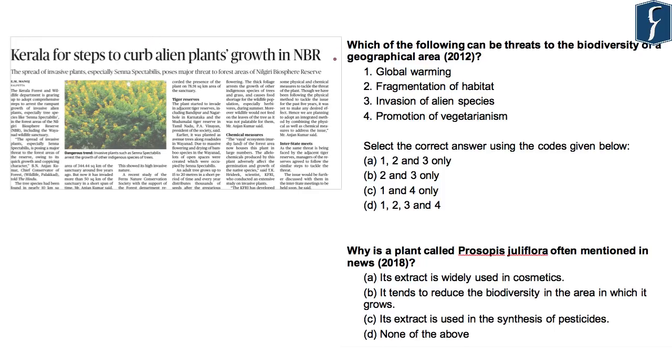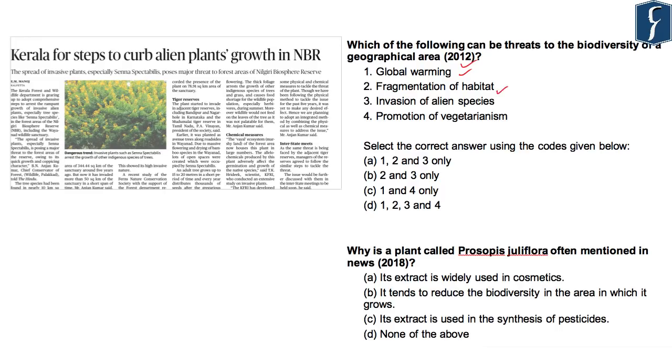UPSC in the past years has asked two questions related to invasive alien species. Now, the first question was asked in 2012. Which of the following can be threats to the biodiversity of a geographical area? Option 1 is global warming, which is correct. The second is fragmentation of habitat, which also leads to threats to the biodiversity.